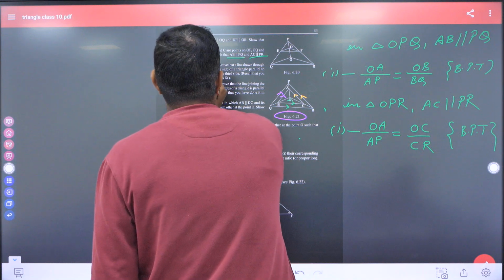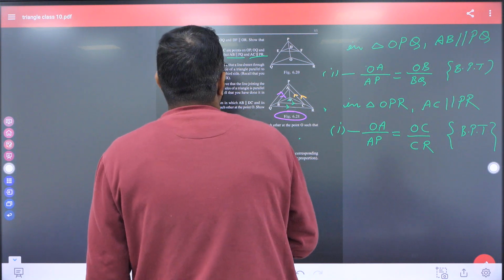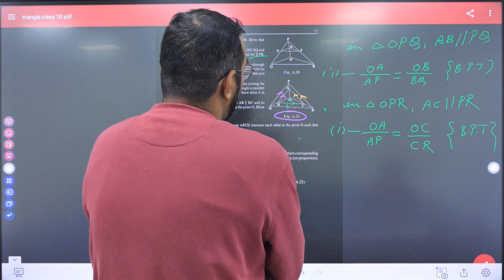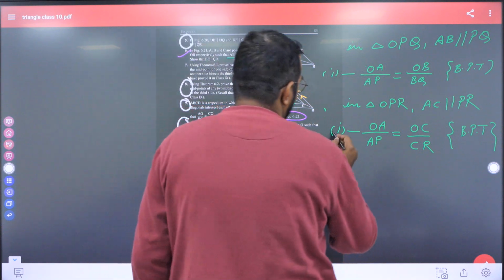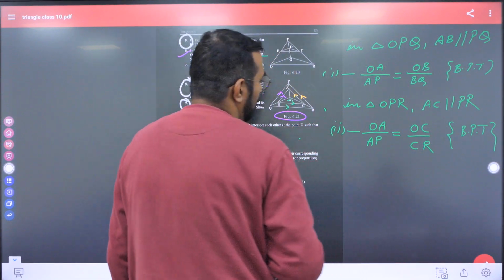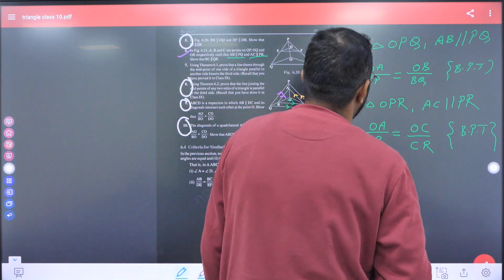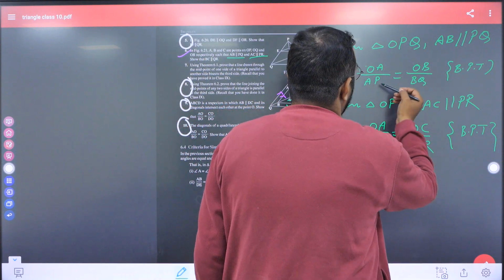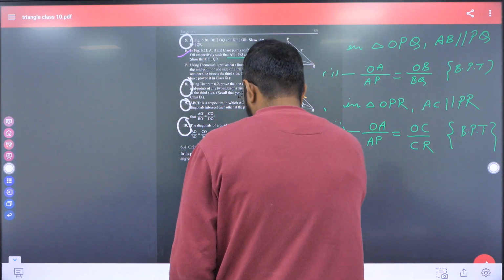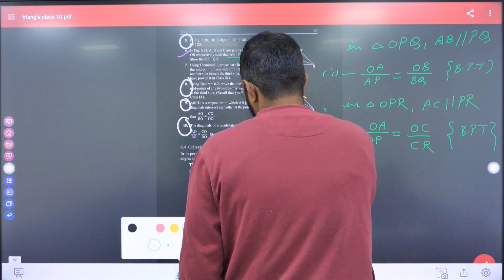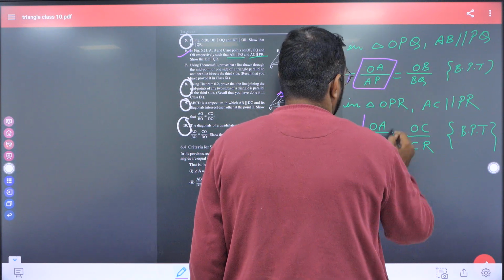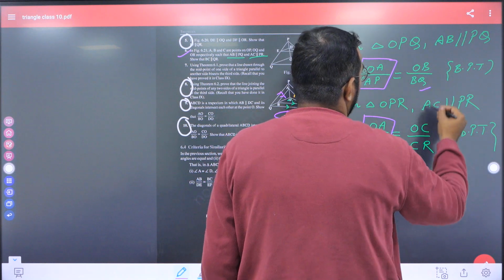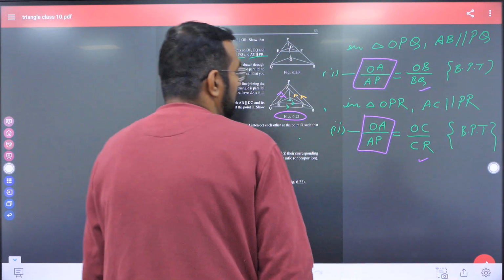Now once again, only these two things are given. So what we conclude here by observing these two equations is that OA upon AP is equal to OB upon BQ and OC upon CR.